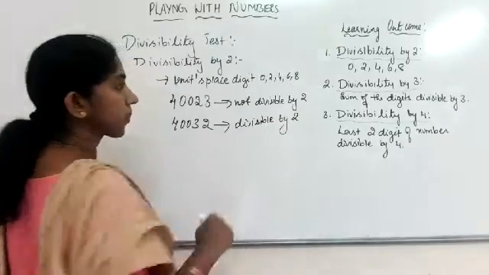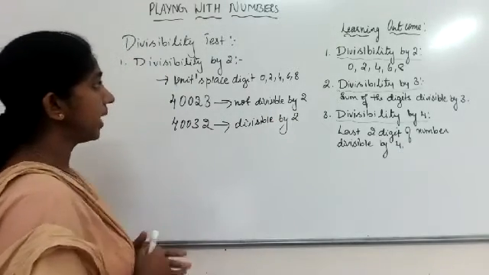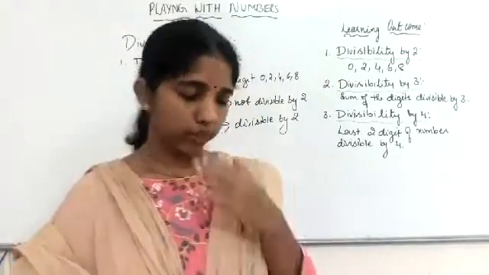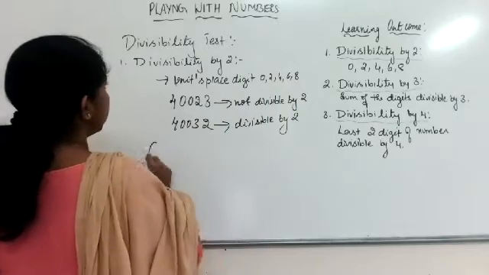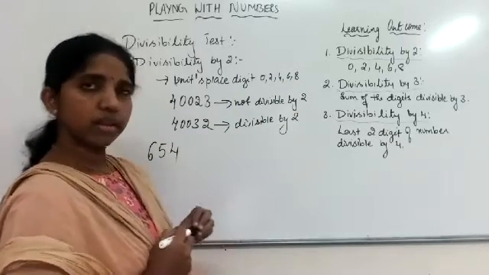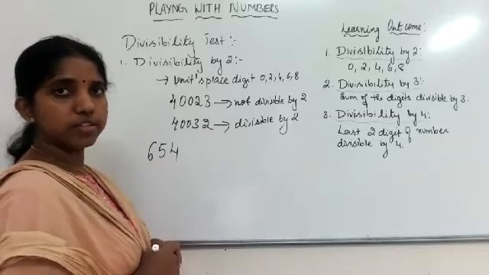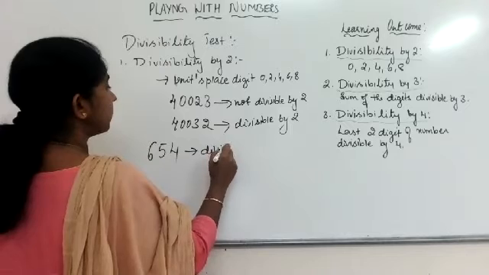This is the condition to tell when a number is divisible by 2. One more number: 654. In the units place we have 4, so this number is divisible by 2.